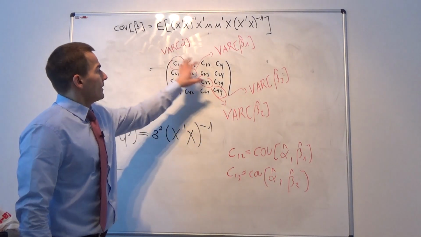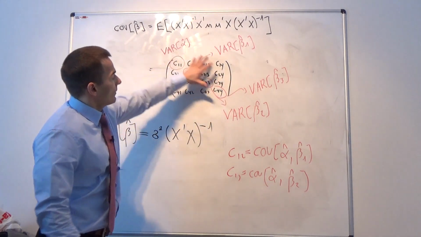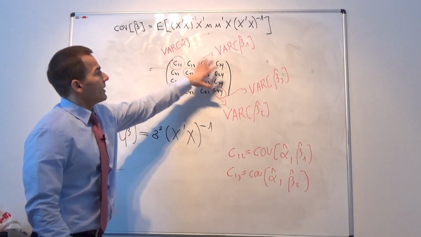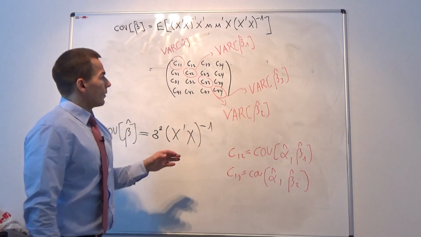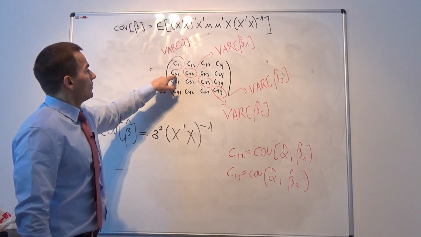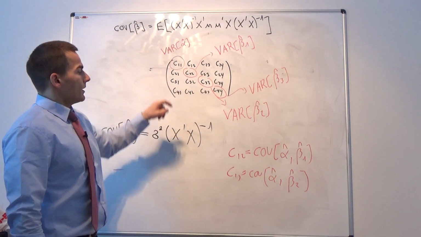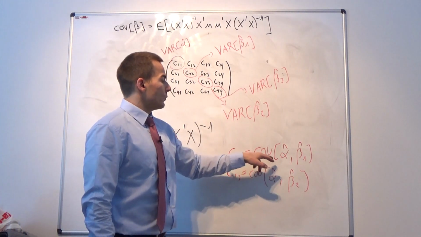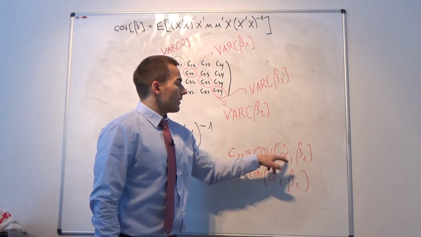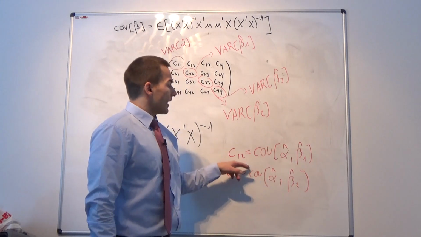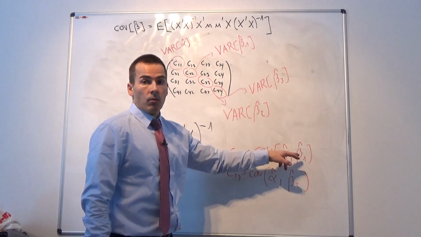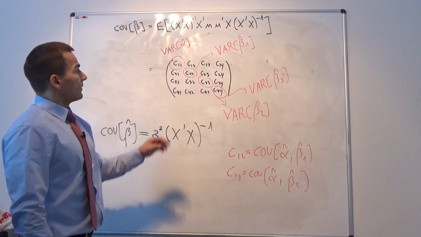Obviously, this covariance matrix is symmetric. The element C21 would be the covariance between beta hat 1 and alpha, which is the same as the covariance between alpha and beta hat 1, and so on and so forth.